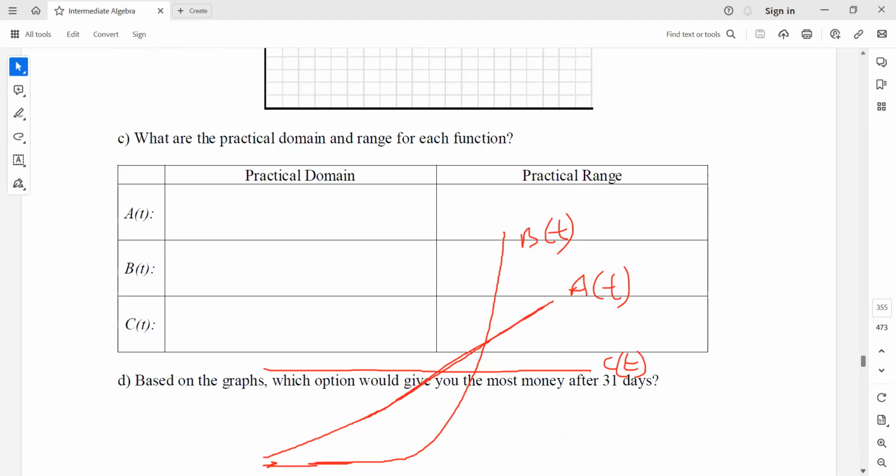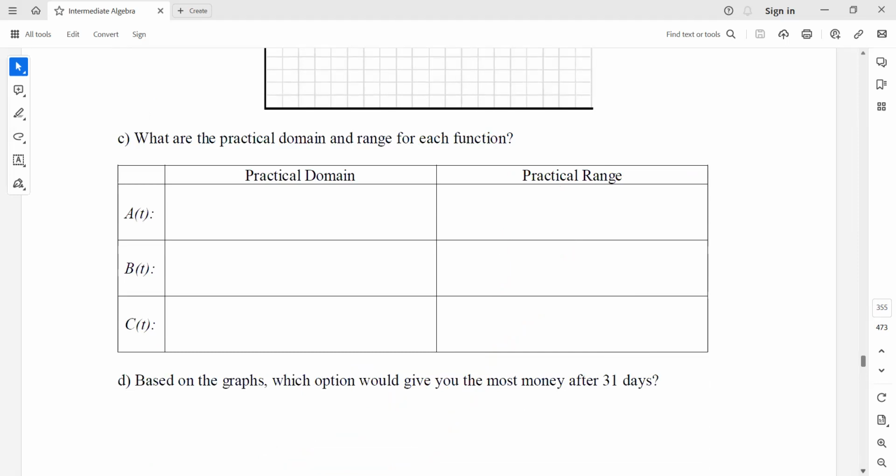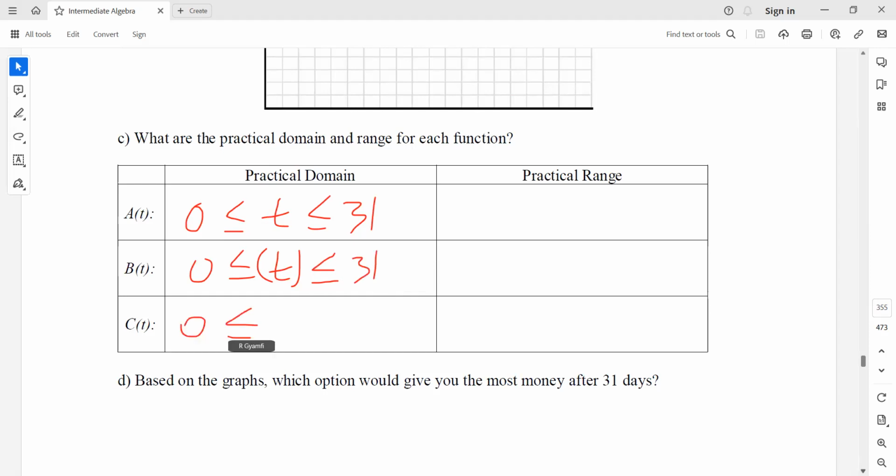Now what about the practical domain? The practical domain. For A of t, remember we are looking at time is 31 days. It's going to be the same for all of them. Now for the practical range, for A of t, we started from 1,000. Then we ended at 32,000.